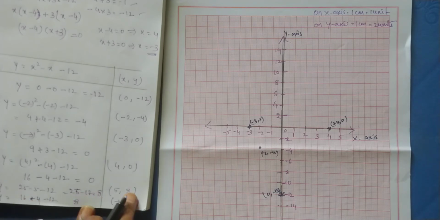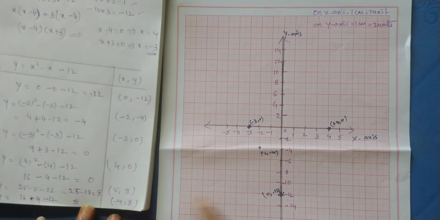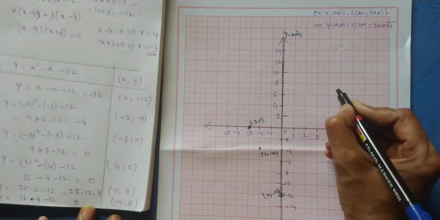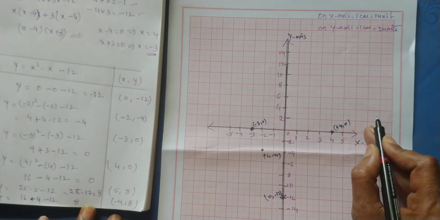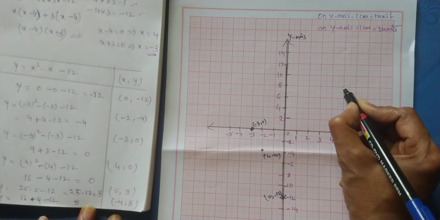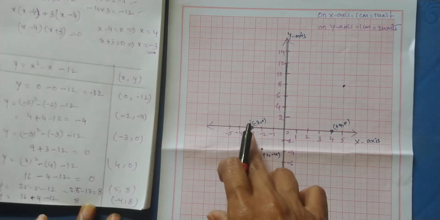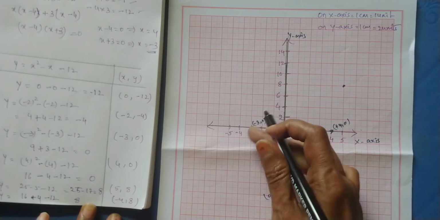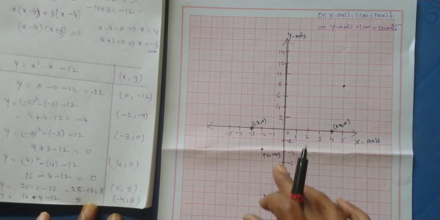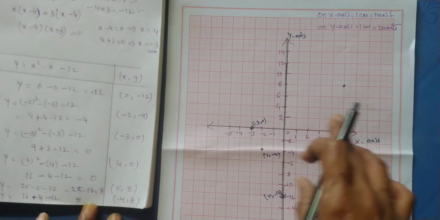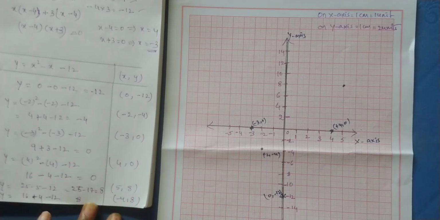Next, whenever x is 5, the value is 8. So x is positive 5, and the y value also positive, that is 8, which will intersect here. If you have not taken the above values, the graph will just join. We can join this and get the parabola, but for the extension we have to take the above values.